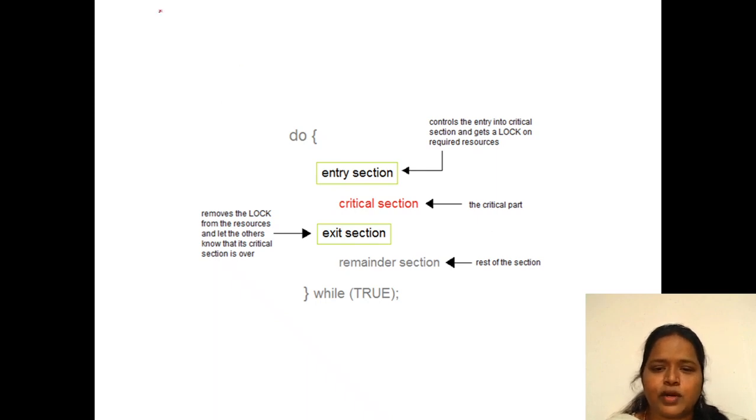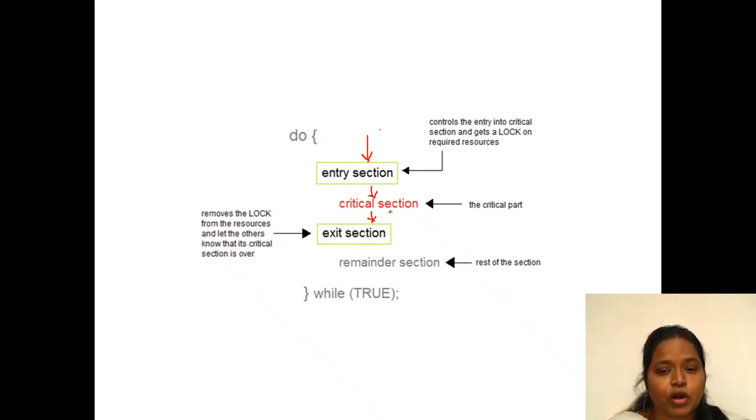Before any process enters, it has to execute the entry section first. After executing the entry section, it has to execute the critical section. Then after executing the code in the critical section, it has to execute the exit section.